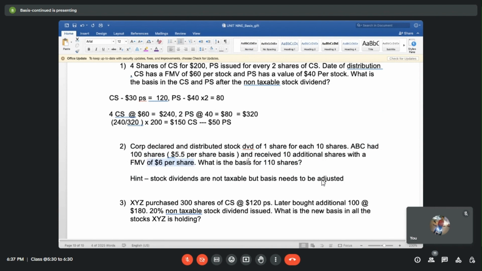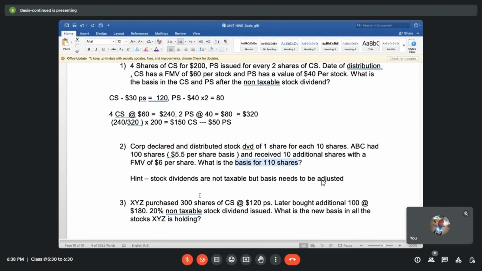So what is the basis for 110 shares? And here, one thing is that stock dividends are not taxable, but only the basis needs to be adjusted. So earlier we know that $550 was the basis for 100 shares. Now we have to figure out the basis for 110 shares. What will become the basis for 110 shares?